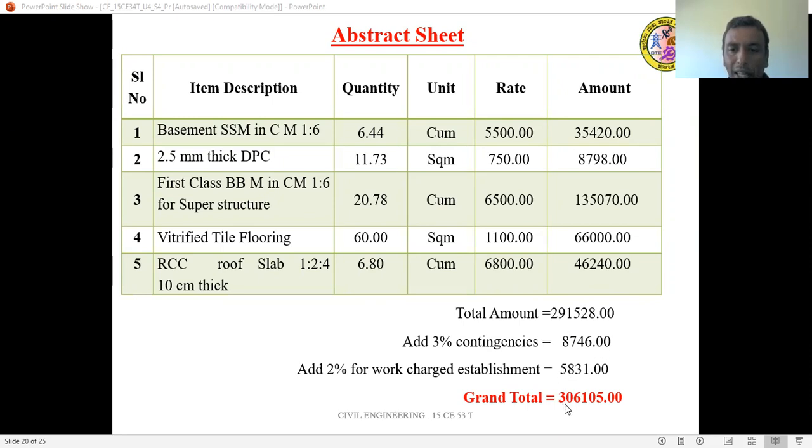You will get 3,06,105 rupees. This is the total cost required for completion of the 5 items of work shown in this table.